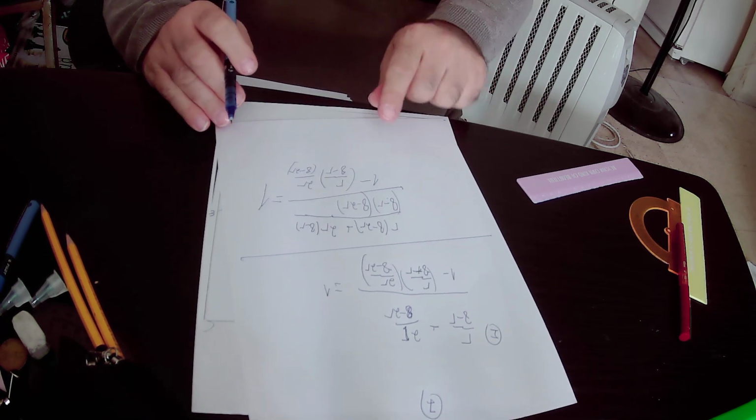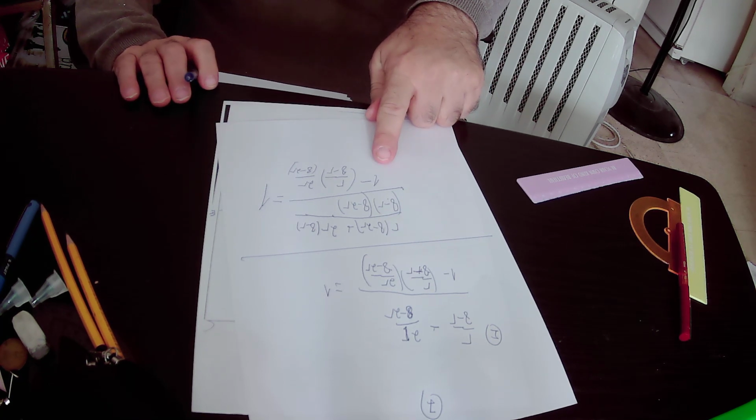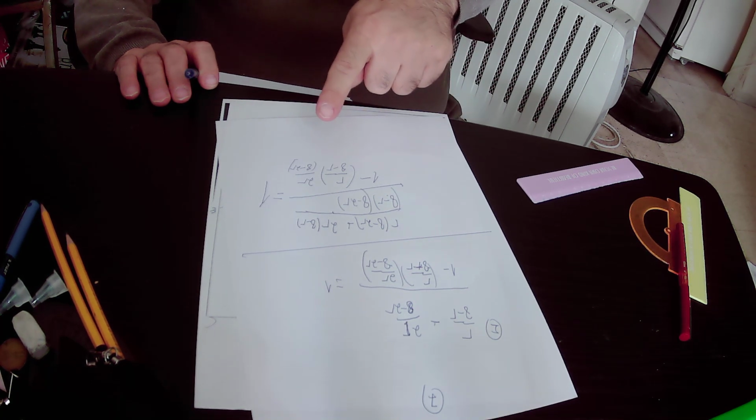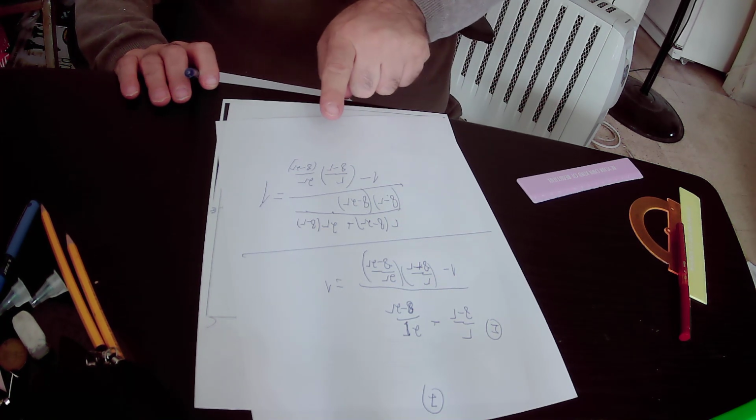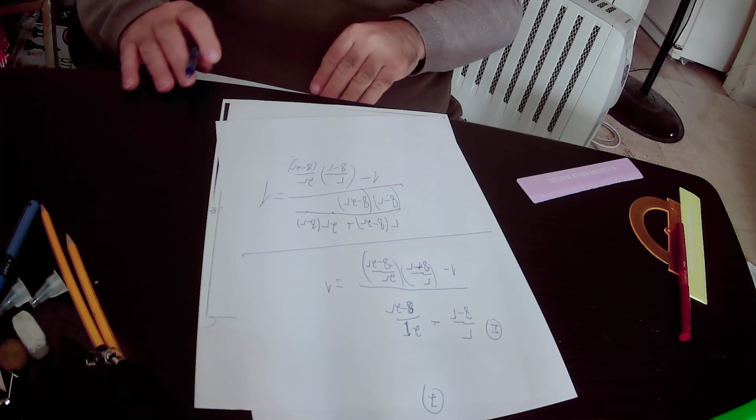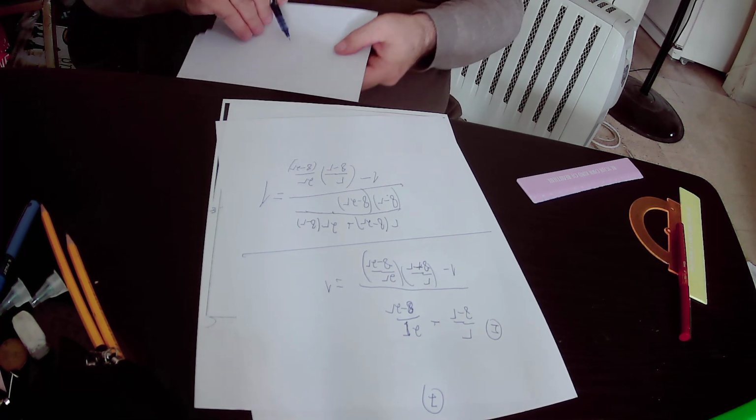Here we will substitute 1 by 8 minus r over 8 minus r times 8 minus 2r over 8 minus 2r, in order to have a common factor with this expression. Okay?